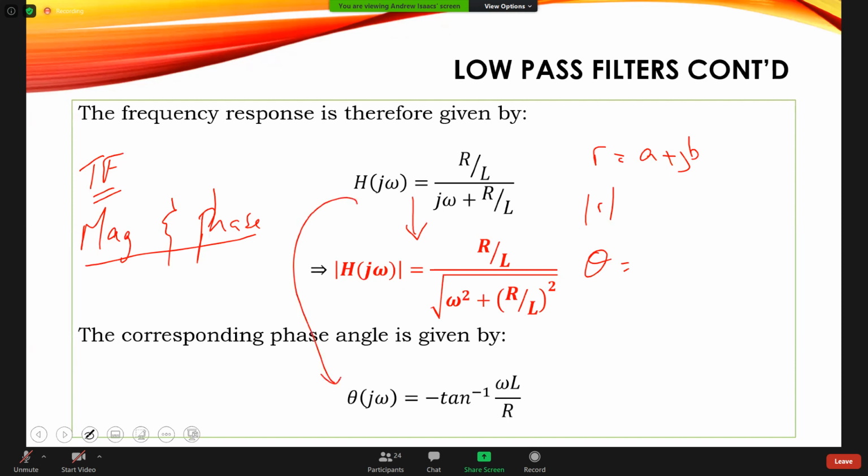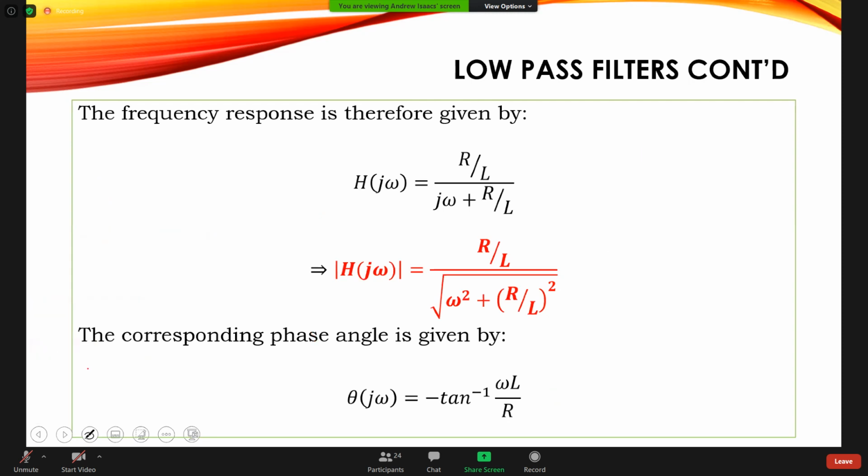So just note this down. You have the magnitude, and we have that. So let us assess how this filter will respond both in magnitude and phase. That's something that we're going to be looking at.